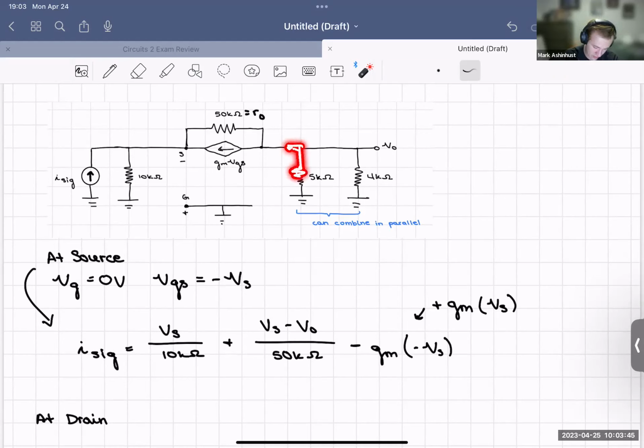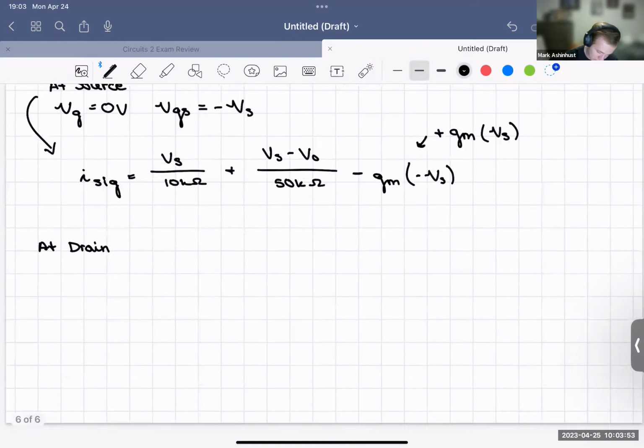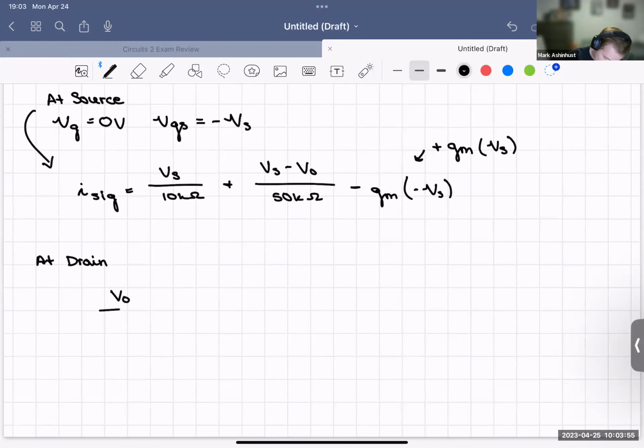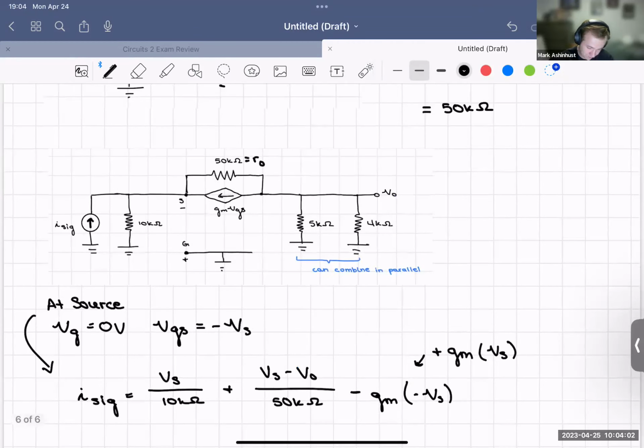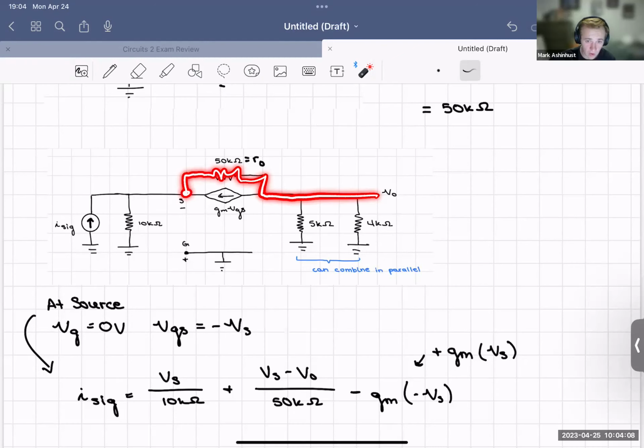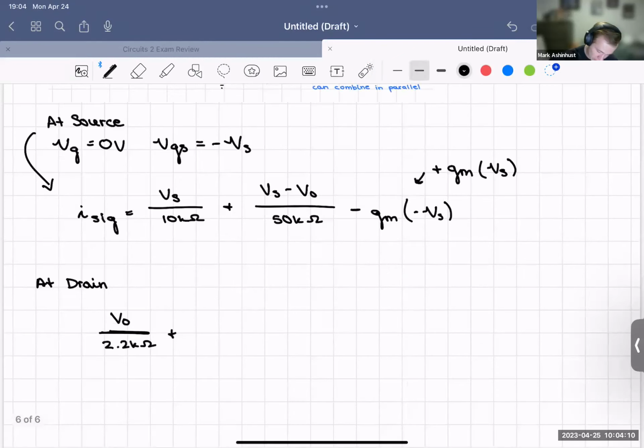So we have V out over 2.2K, then we have V out to our VS over 50 kilo ohms.